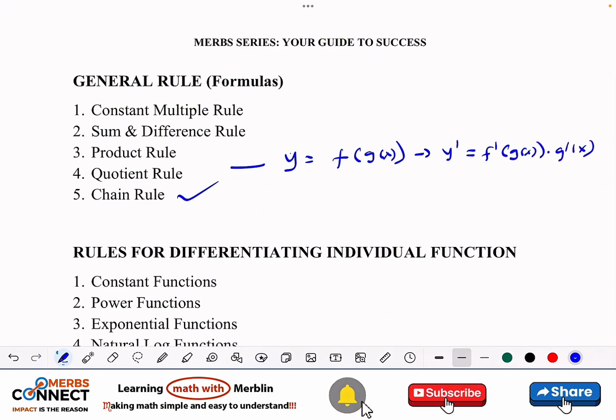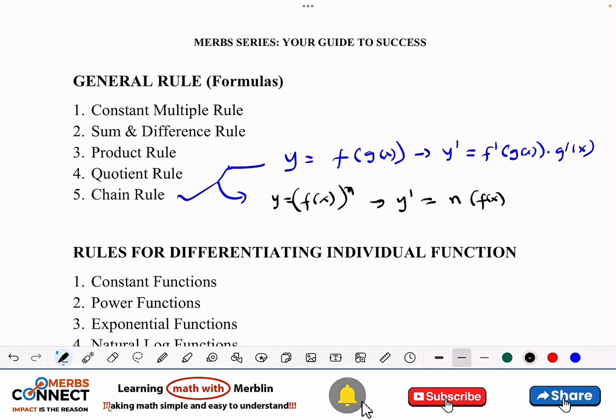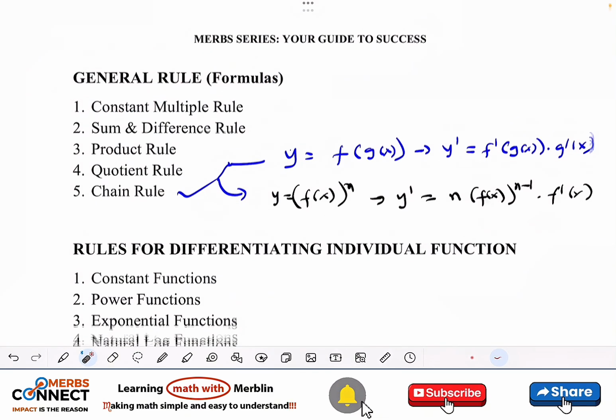That's the first rule that we learned from the chain rule. And we also saw that if I have y equal to f of x all to the power n, then this implies that y prime is equal to n times f of x all to the power n minus 1 times f prime of x. So we also learned this one. So this is just a formula. Anything that is a general rule is a formula that we need to learn.